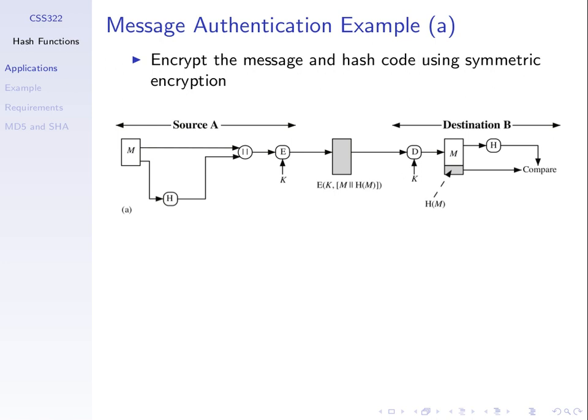So I'm going to not draw this part, but from this point on, we've sent a message, and we can write this message as the message concatenated with a hash value encrypted with a secret key K. So that's the ciphertext. And our malicious user receives that.